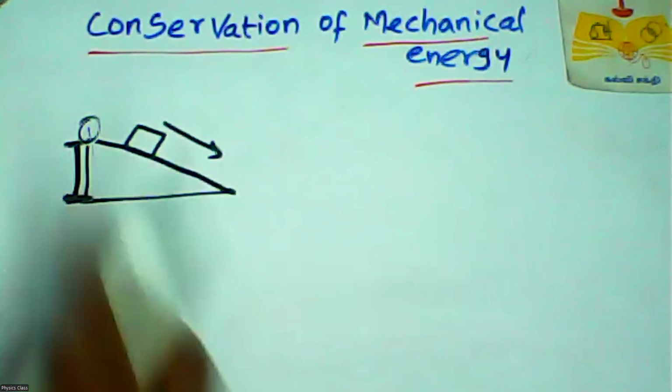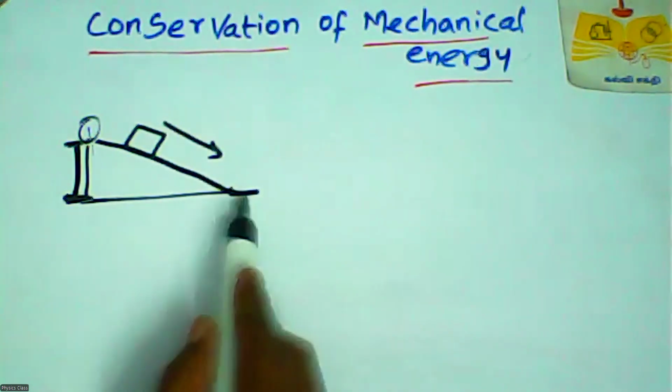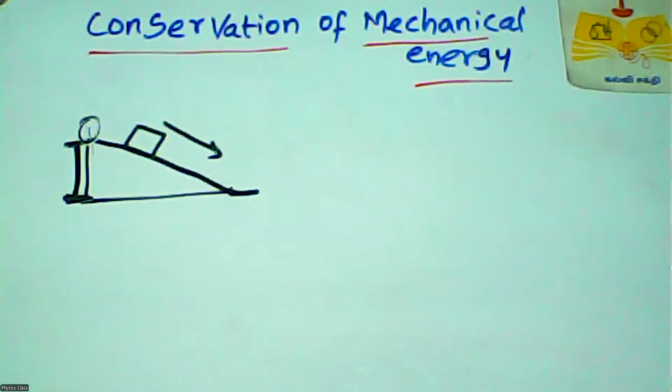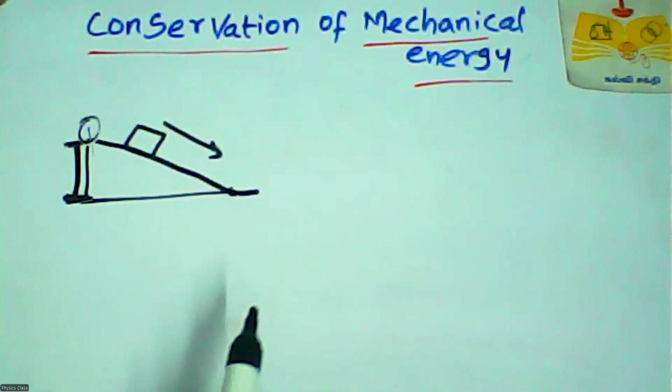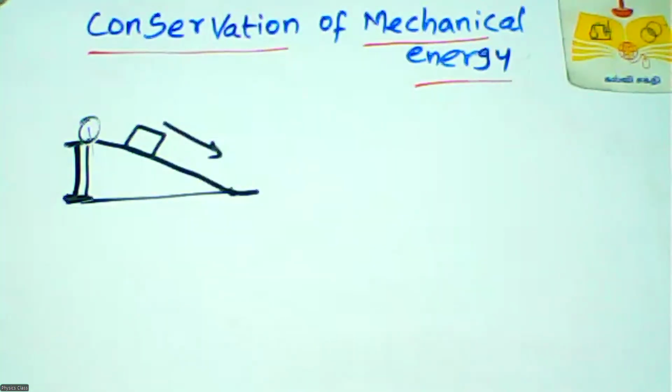So it is the bottom. The block slides down the frictionless surface and then hits the bottom here. We have to find the kinetic energy when it reaches the bottom of the incline.